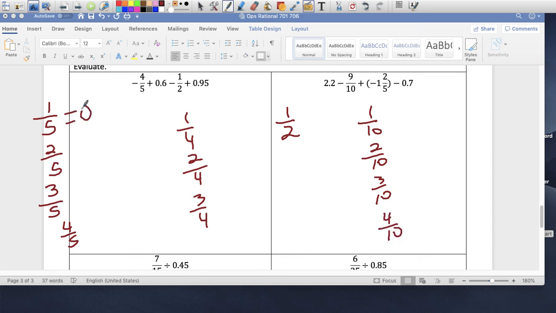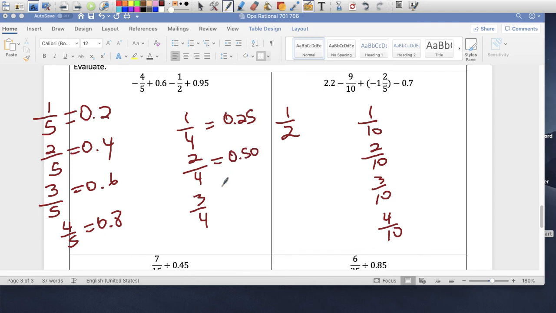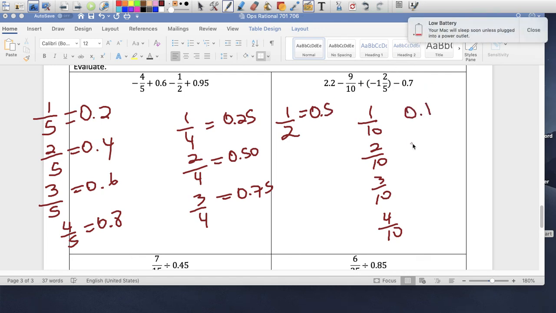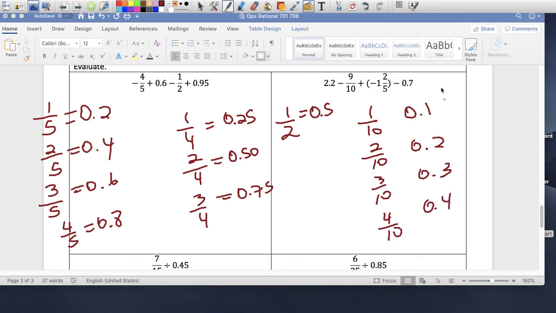So 1/5 is 0.2, 0.4, 0.6, 0.8. 1/4 is 25 cents, right? 2 quarters is 50 cents, so 0.5. This is 0.75. Half is 0.5 again. 1 over 10 is 10 cents, or just 0.1. 2 over 10 is 0.2, 0.3, 0.4, and so forth. All right, so these are at least the fractions that you should know by heart.